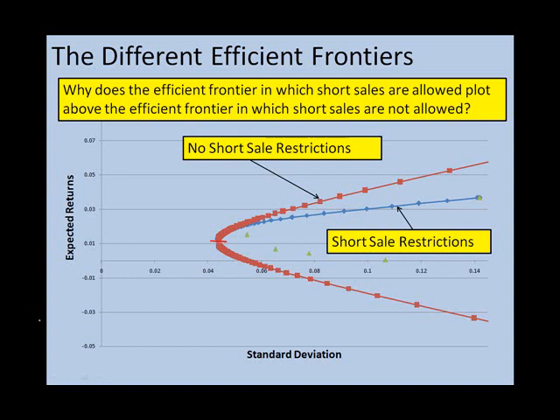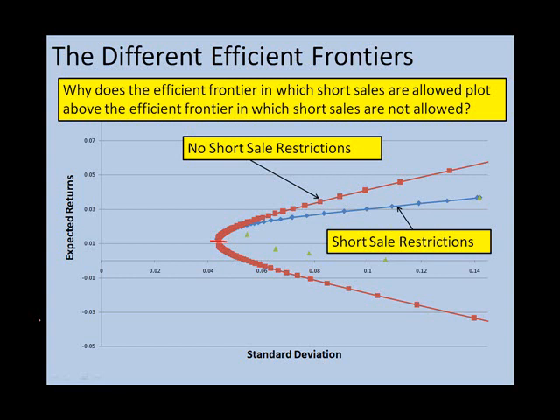Incorporating constraints, such as no short selling, doesn't just change the optimal portfolio, it will change the entire efficient frontier. For any given level of risk, when we incorporate short selling constraints, we're going to earn lower expected returns than if we had no short selling constraints. I have plotted that on this diagram.